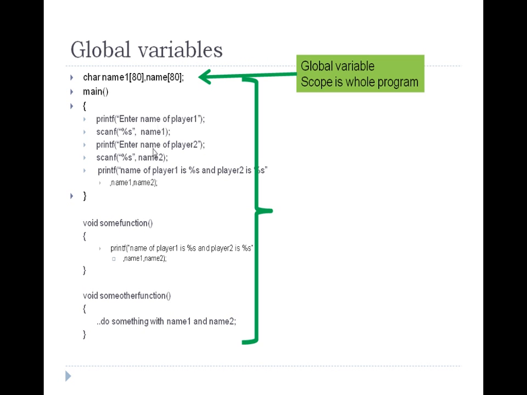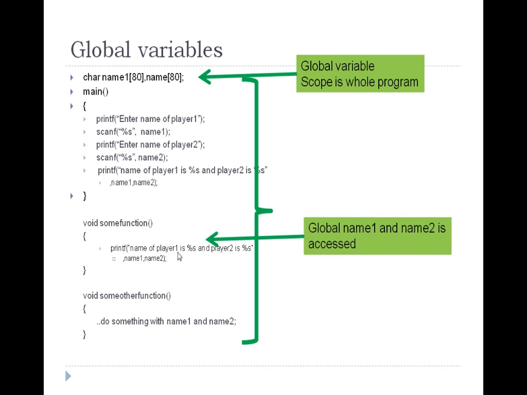So you can access this variable from here and scanf and enter a value for name1 from main. You can print from some other function and do some other thing from some other function. If it is outside the bounds of the function, then it is global in nature. We try to define as little globals as possible.